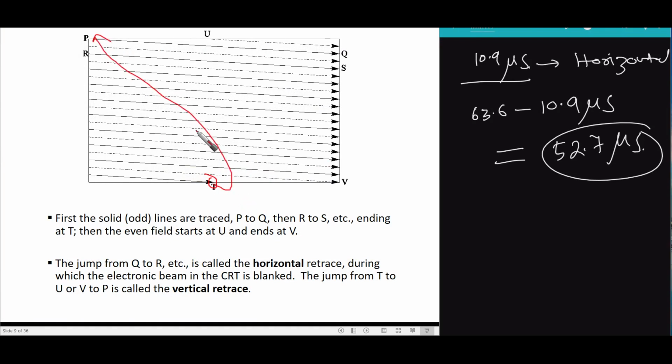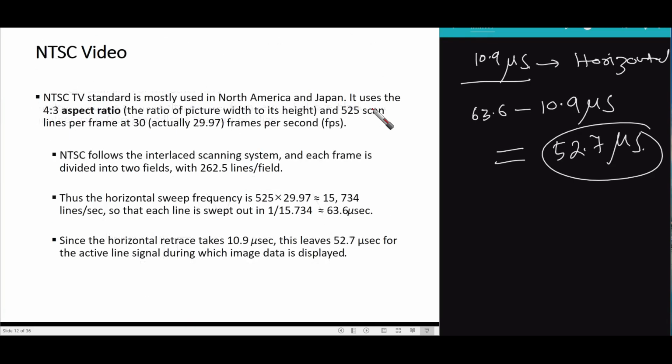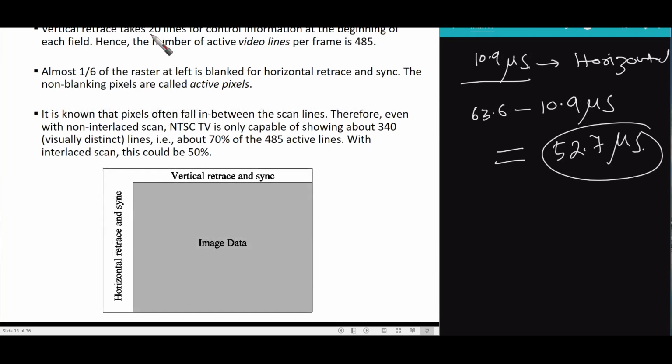During that time roughly 20 lines of scan time pass. In other words, from every field we lose the ability of scanning 20 lines, and both even field and odd field have 20 lines.